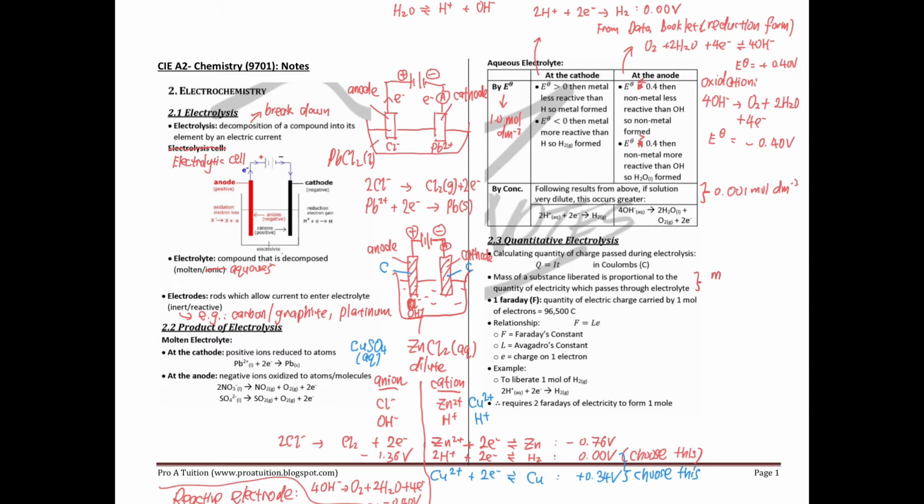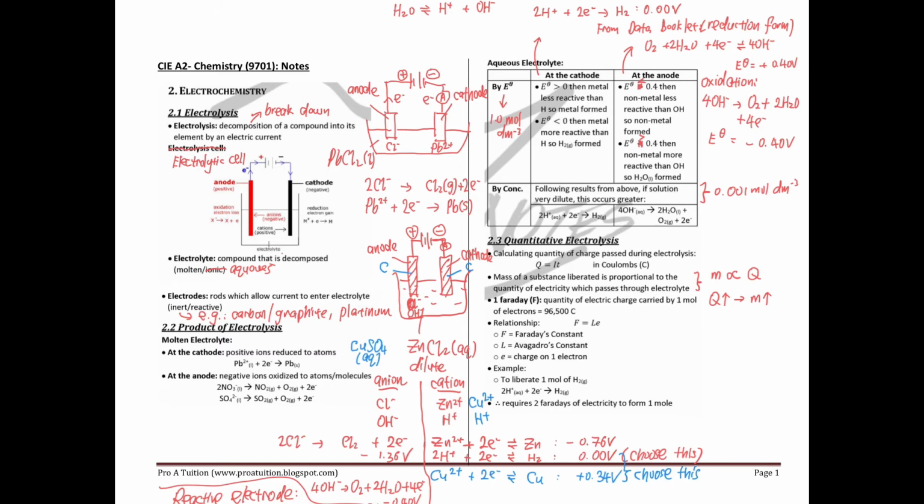The mass of the product is proportional to the charge. In other words, if you use higher charge, then you will get more product in terms of mass. So higher charge, more product. It should be logical.